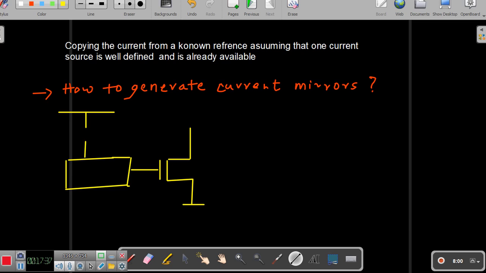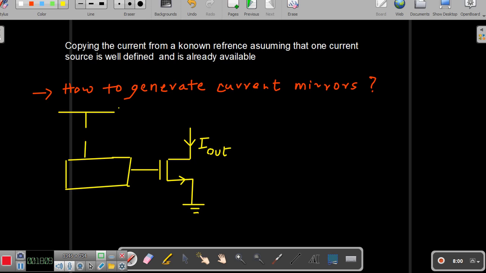So now here, this is going to my output current, I out. Please try to write it properly. There is some small problem in writing these things because of the network issue.